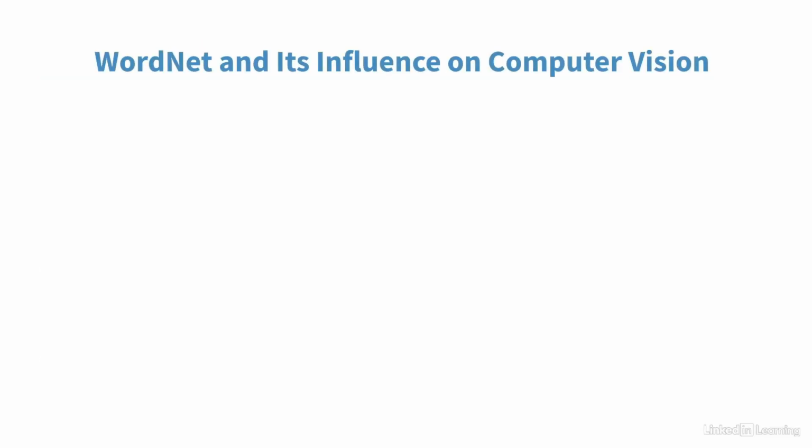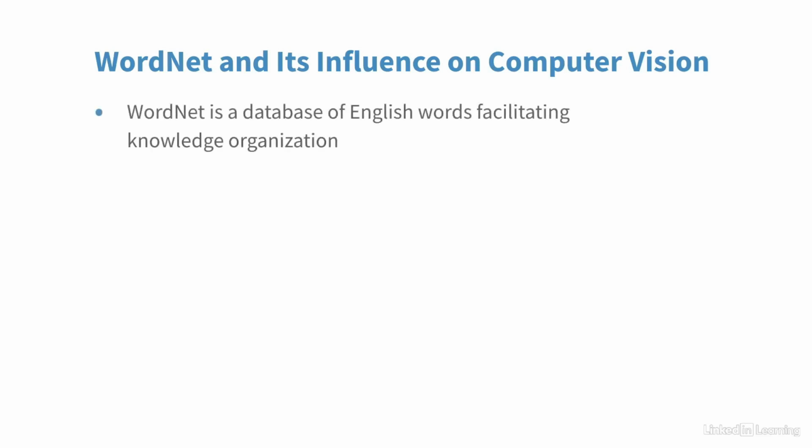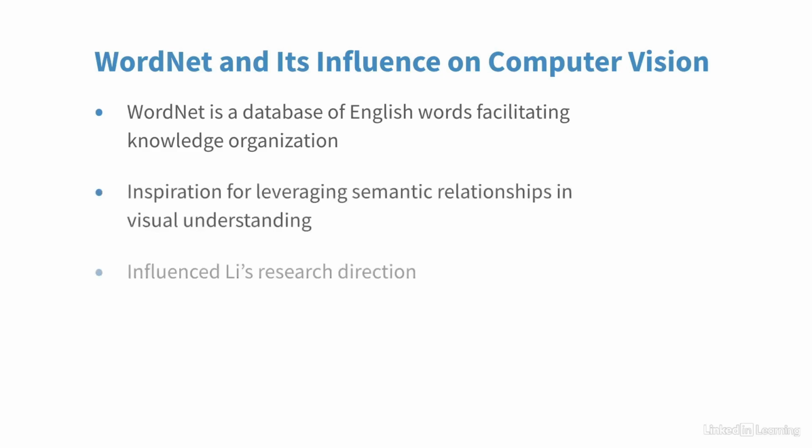I was listening to a podcast featuring Fei-Fei Li on the Robot Brains podcast. And on that podcast, Li discussed a chance encounter at Princeton University with a linguist named Christiane Fellbaum. This was back in 2007. Li came to learn about a project Fellbaum's team was working on called WordNet. WordNet is a database of English words designed to capture lexical and semantic relationships between words.